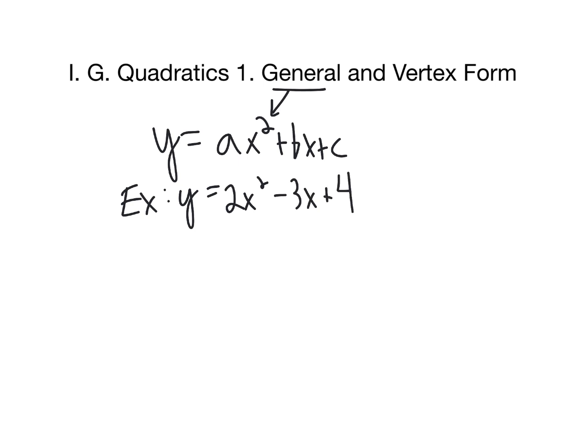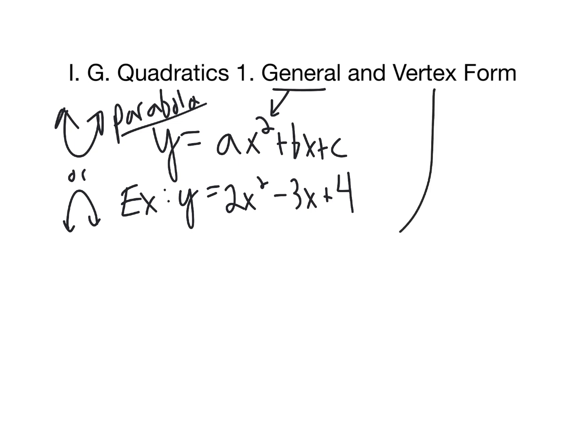Okay, that's a general form. Basically, these quadratics are going to look like either a U shape or an upside down U. It's called a parabola. Parabola, okay. So that's the general form for these.